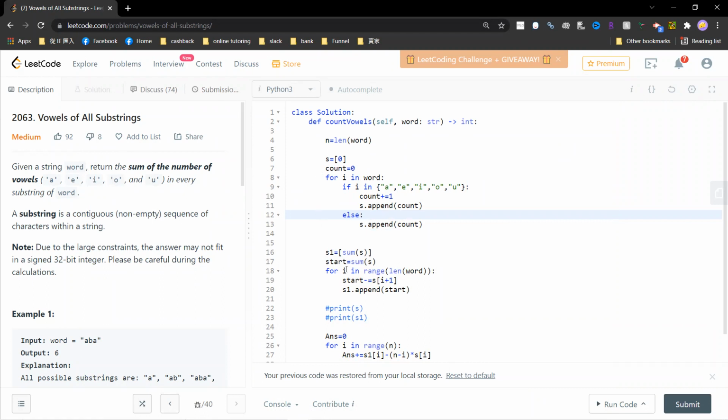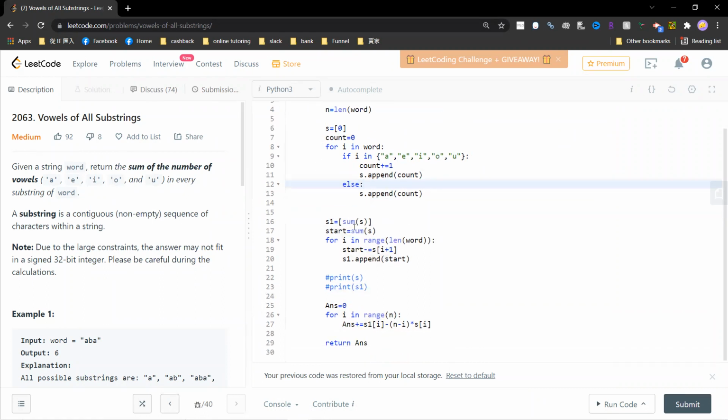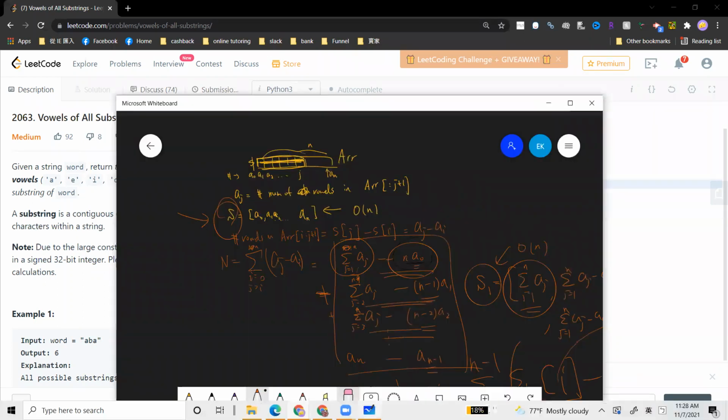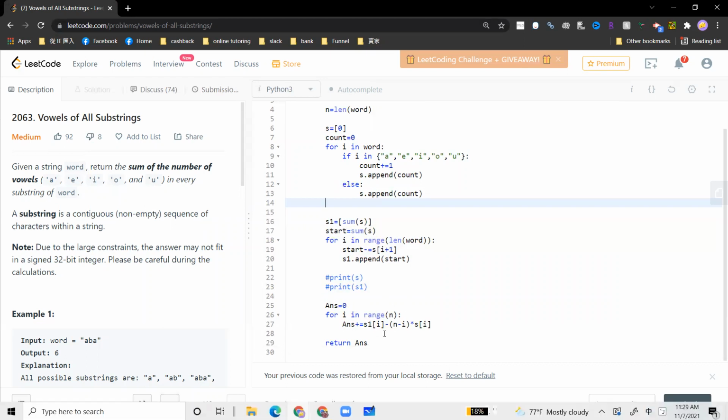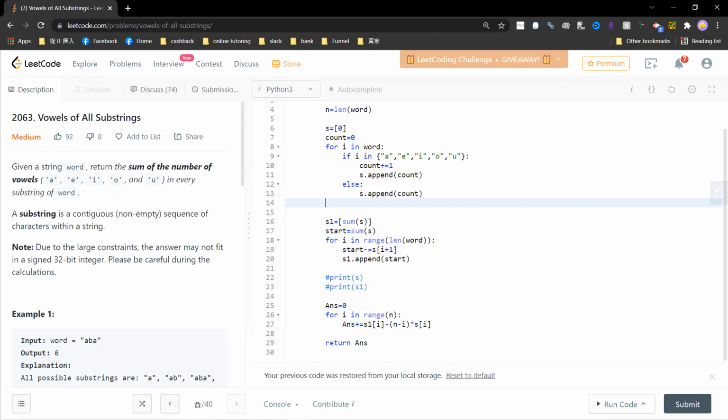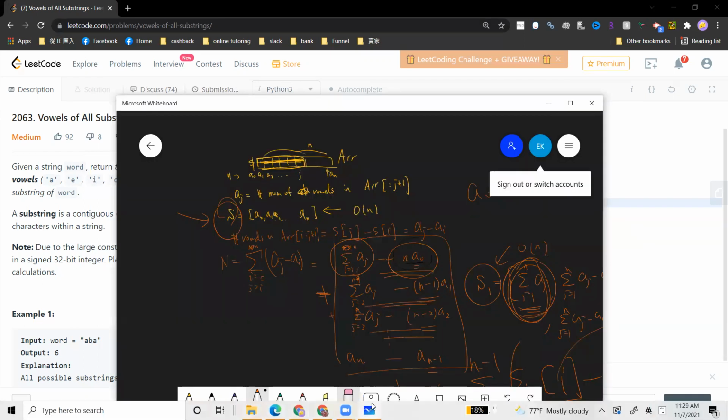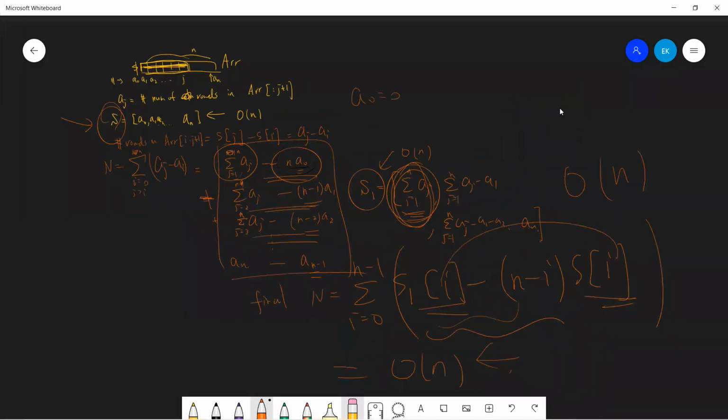Then for S1, I start from the sum of S, noticing A0 is 0, and for each position I subtract the previous one and append. That's linear time. I initialize the answer to 0, then write the formula S1[i] minus (n minus i) times S[i]. Basically this is simple high school mathematics once you write it down.